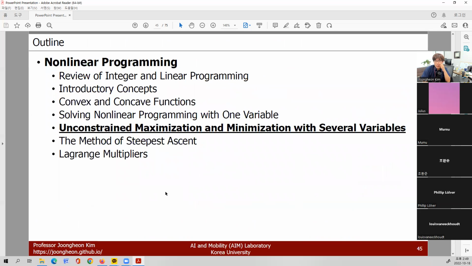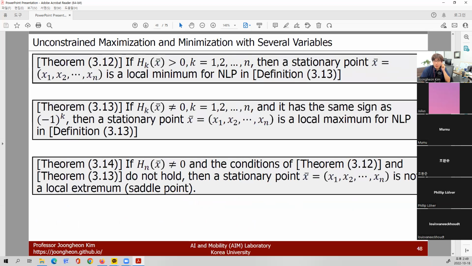So here, now you have this one with sub k. This one is not pure H. If you have just H, that is your Hessian matrix.